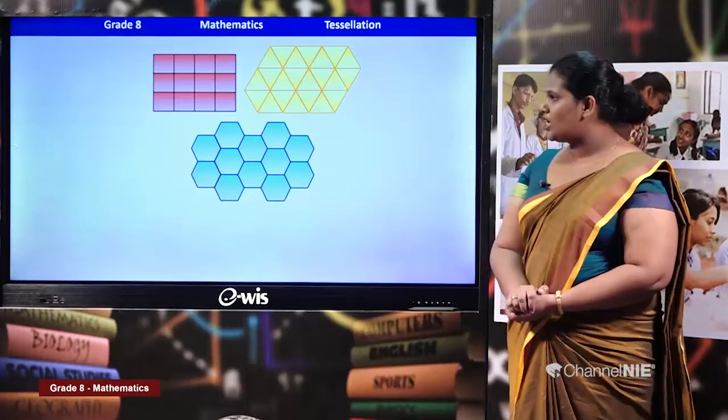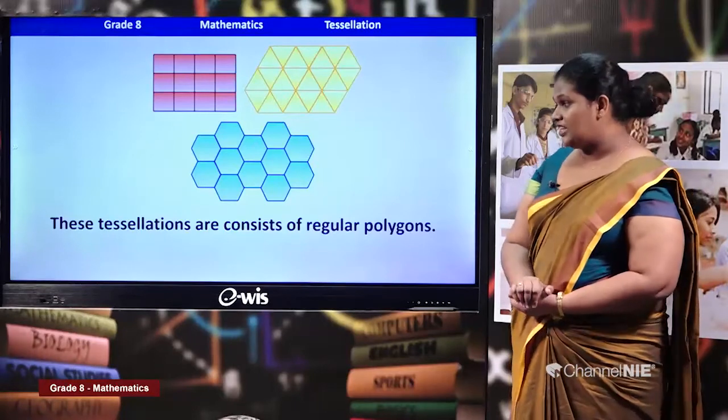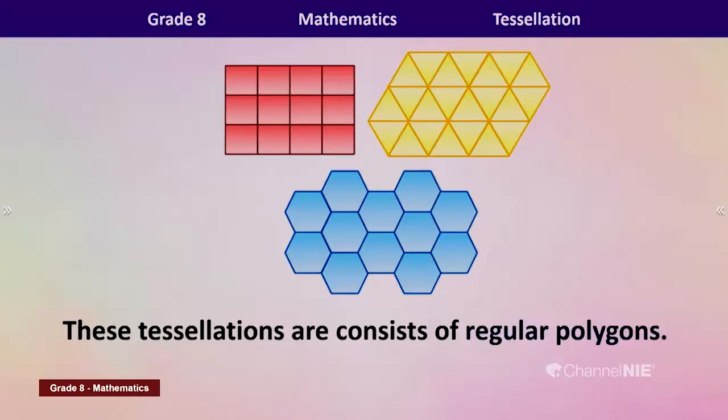Then what can you say about the final figure? It consists of hexagons with all six sides equal in length. That means all the interior angles are equal in magnitudes. Therefore, we can say these tessellations consist of regular polygons.